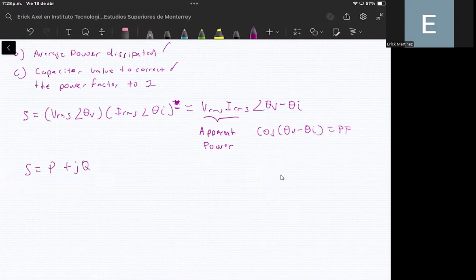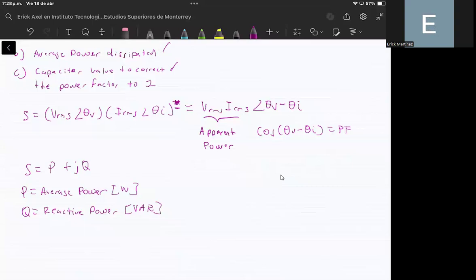The real part that we call here P is the average power, which has units of watts, and Q is the reactive power that has units of volt ampere reactive. Also, the units of the complex power are the volt ampere, the same as the apparent power.